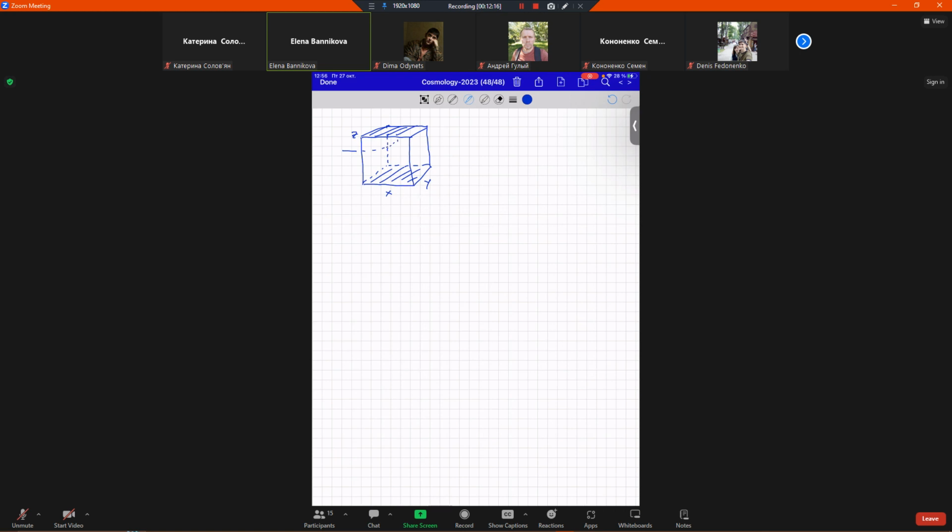It's understandable that it can go in different directions, for example like this, or like this, so in any of these directions, through any side of this volume.